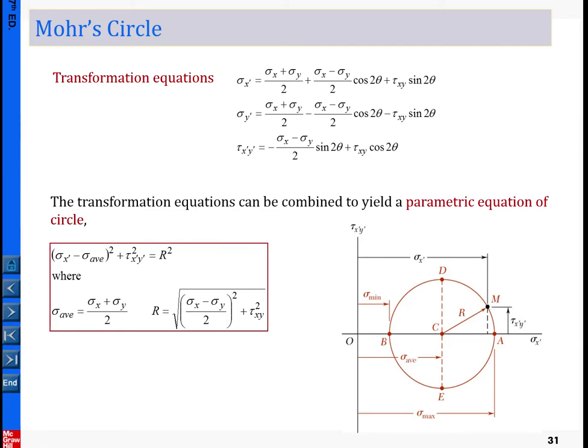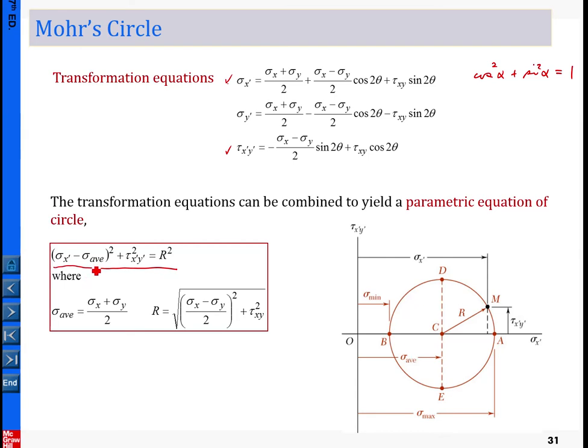For those equations, if you combine the normal stress and the shear stress equations together, and take advantage of the trigonometry identity, cosine square of any angle plus sine square of any angle equal to 1, by doing a little bit of derivation, you should be able to find this equation here. Combining the two equations together, you will find this one.